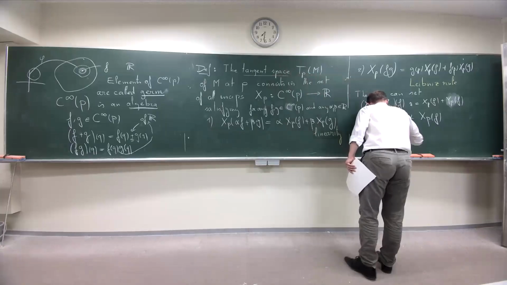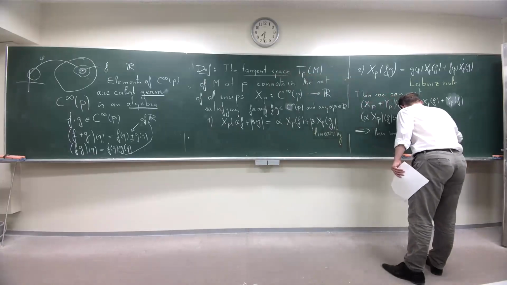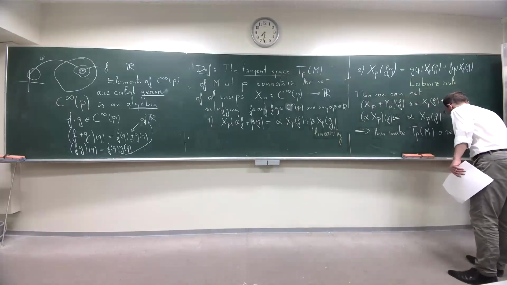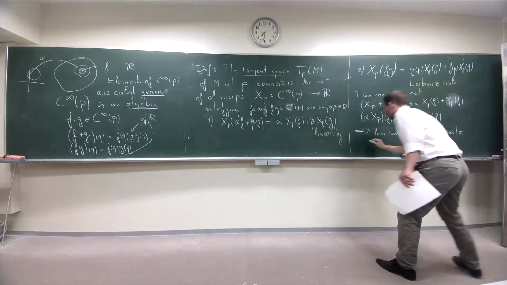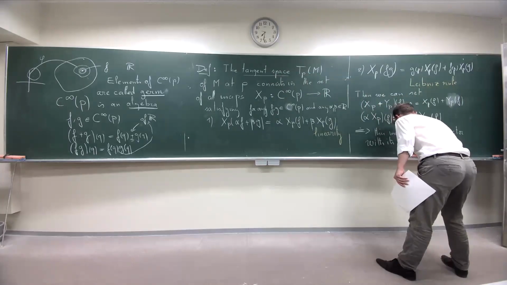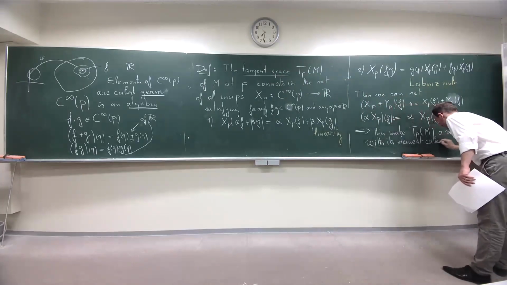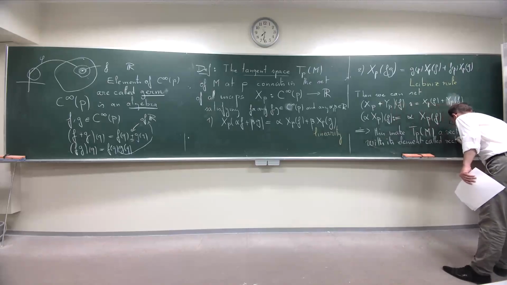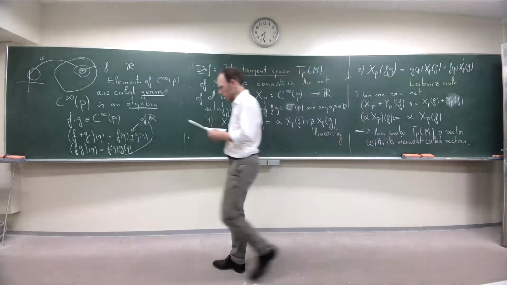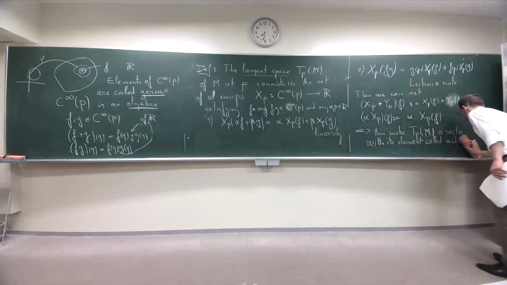But what do I get when I define this? This makes T_P M a vector space with its elements called vectors, or, to be even more precise, tangent vectors.